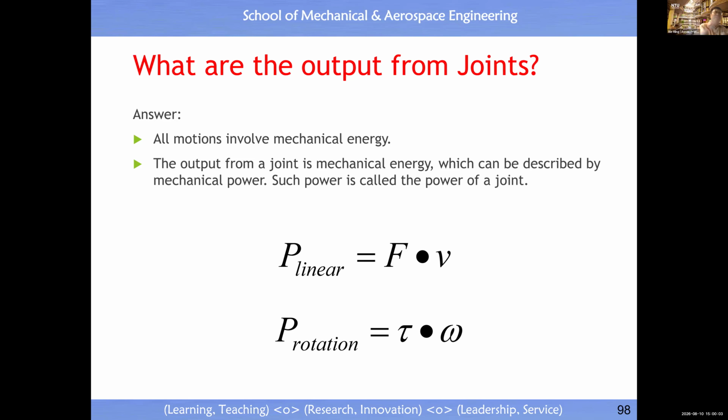Okay, this is conceptually for you to know, right? Joint is a device which outputs energy. Joint is also a device which outputs motion. You can output linear motion or rotary motion. And from mechanical point of view, a joint includes link joint, torque joint, and the power joint.